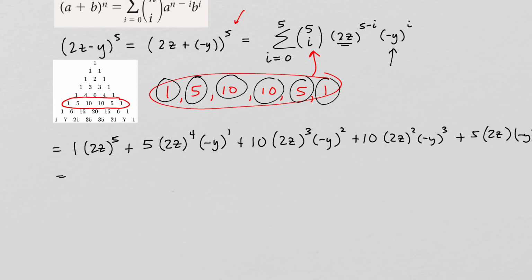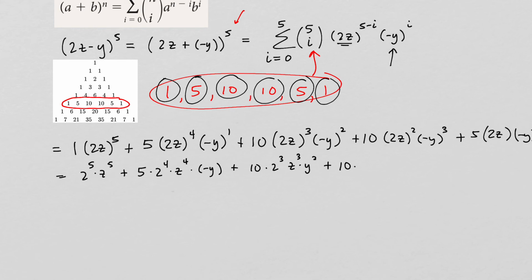It's easy to make mistakes. So right here we have 2 to the fifth power times z to the fifth power, plus we have 5 times 2 to the 4th power times z to the 4th power times negative y, plus 10 times 2 to the 3rd power times z to the 3rd power, times, now negative y squared is just y squared, right, because the negative cancels.